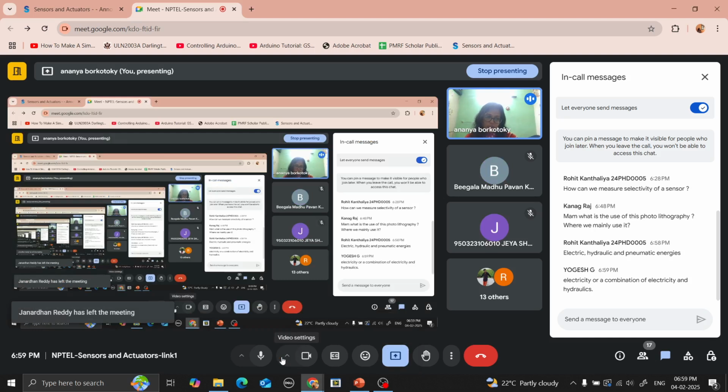Electric, hydraulic, and pneumatic energies, or electricity, or a combination of electricity and hydraulic.